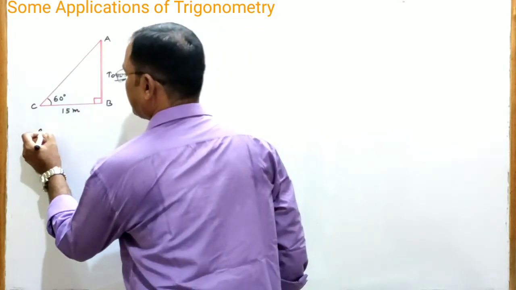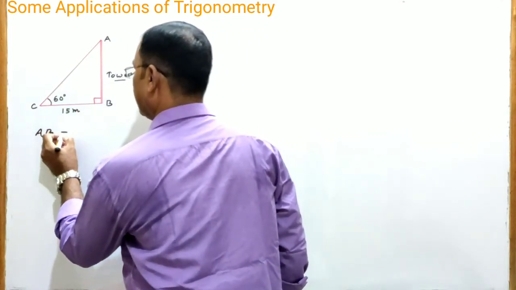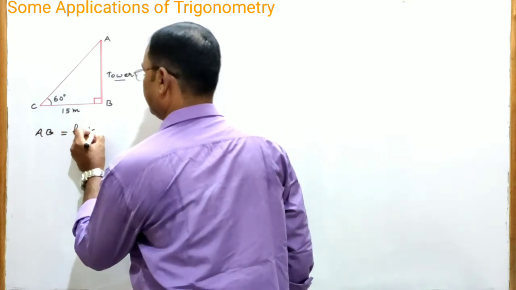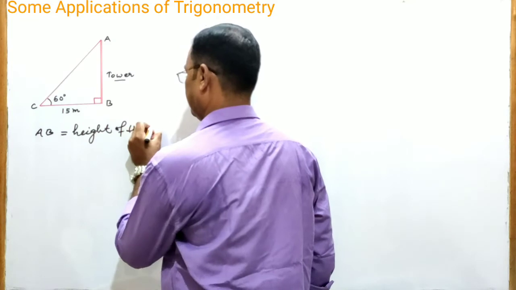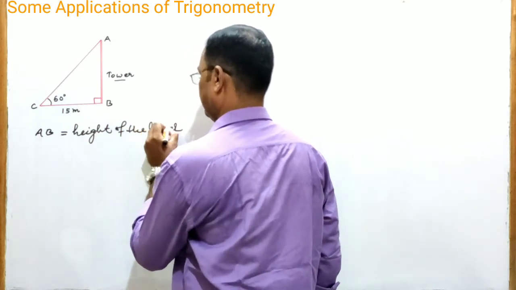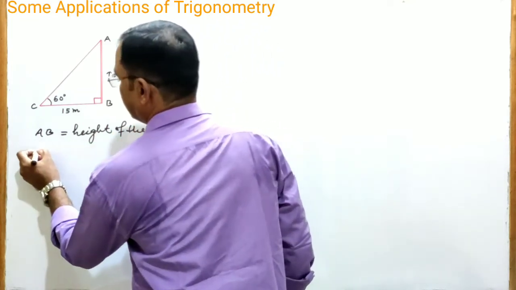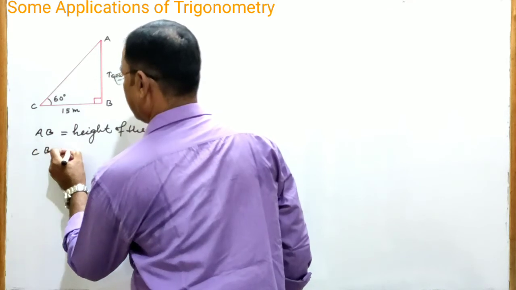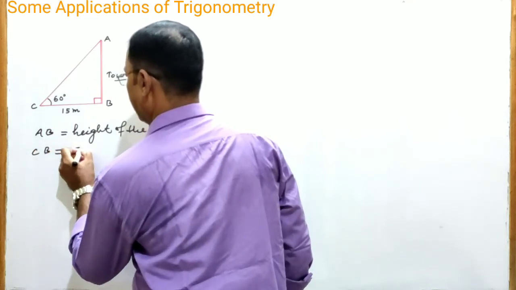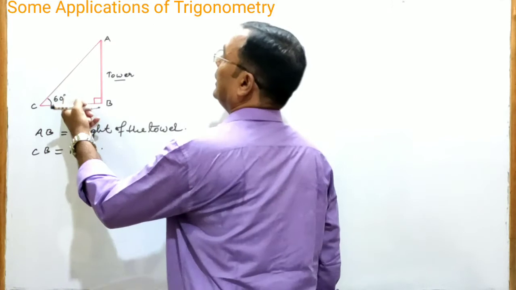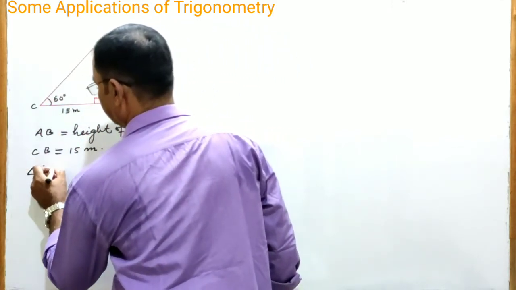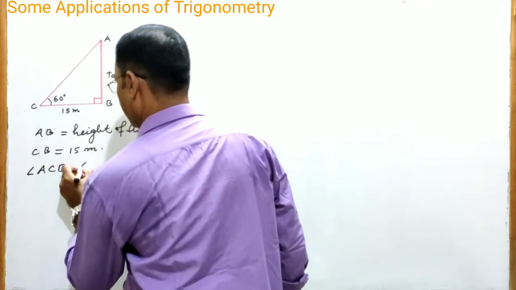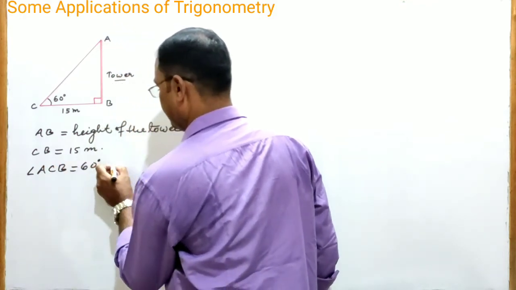So AB is the height of the tower. CB is 15 meter. Angle of elevation ACB is equal to 60 degrees.